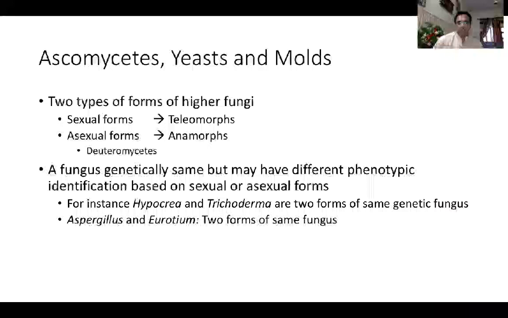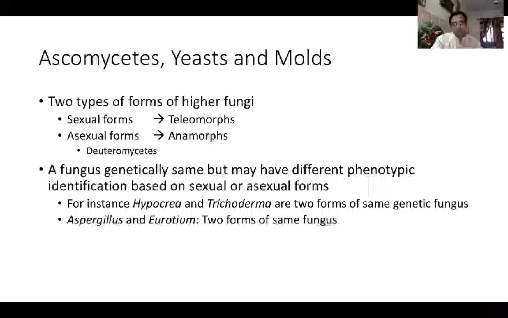For instance, I would like to give you two examples. One is Trichoderma. Trichoderma is basically a soil-borne fungus, and Hypocrea is basically another fungus. So these are two forms of the same, genetically same fungus.